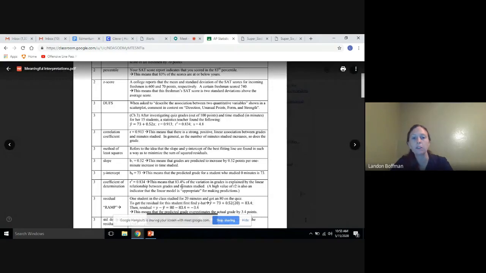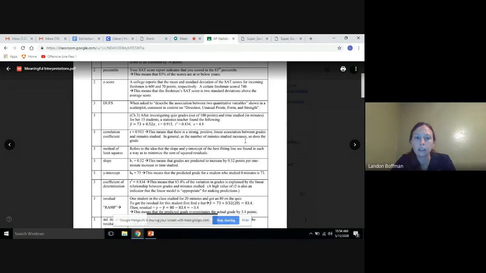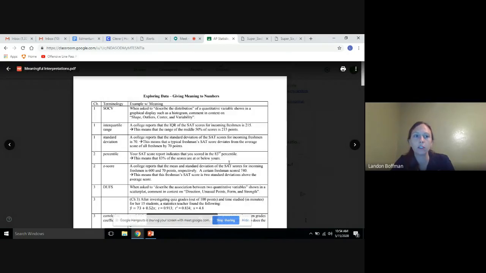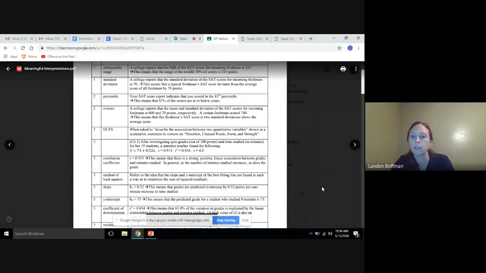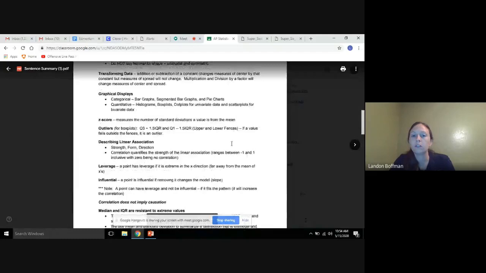Whatever makes most sense to you, you need to get all that stuff together and make sure you're familiar. Where in your review stuff is confidence intervals? Where in your review stuff is probabilities? You need to start to organize and think through, what are you going to use on your test? What are you going to have in front of you?